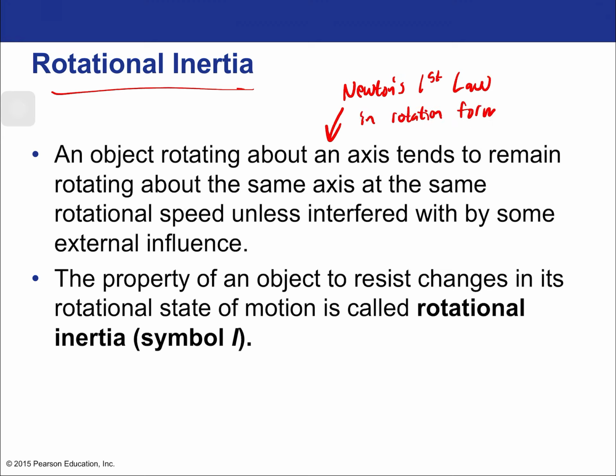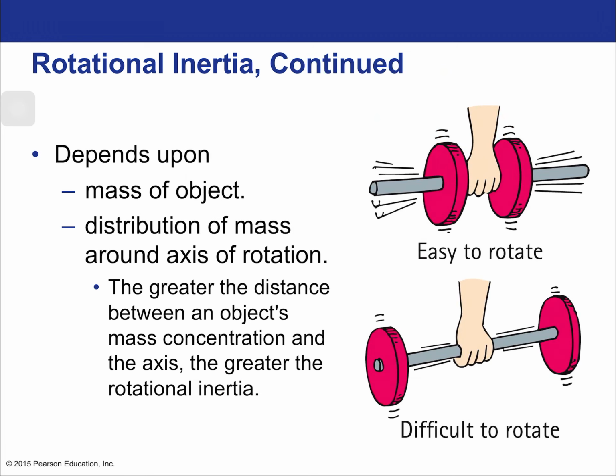Furthermore, the property of an object to resist changes in its rotational state of motion is called its rotational inertia, just like its translational, or linear, inertia, which we've been talking about up to this point. Rotational inertia is represented by the uppercase letter I. That's its variable, just like we tend to use the variable m to denote mass, or in other words, linear inertia. What does rotational inertia depend upon?